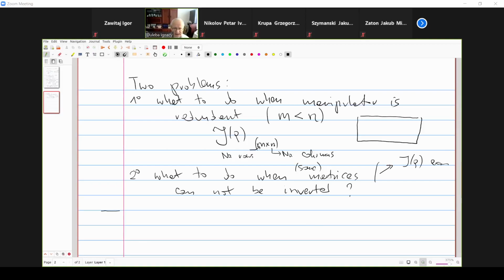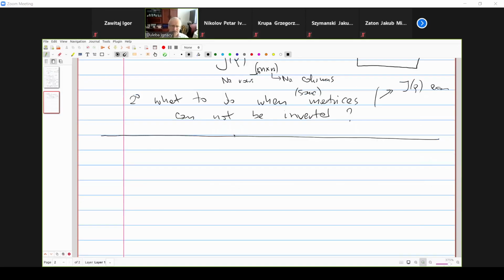So let's start with the first problem. What to do when the manipulator is redundant? So let's start with an intuitive example. Maybe not too realistic, but for illustration purposes, it is quite good.